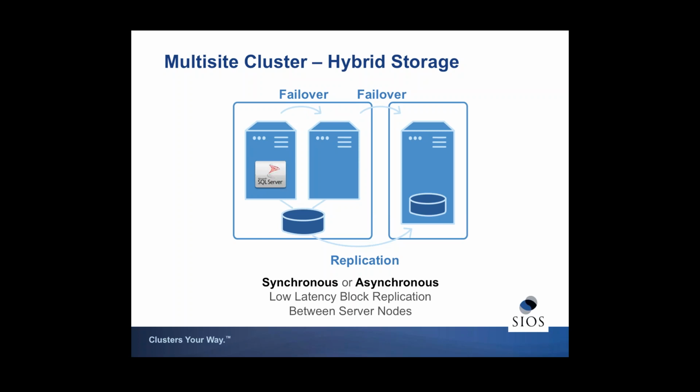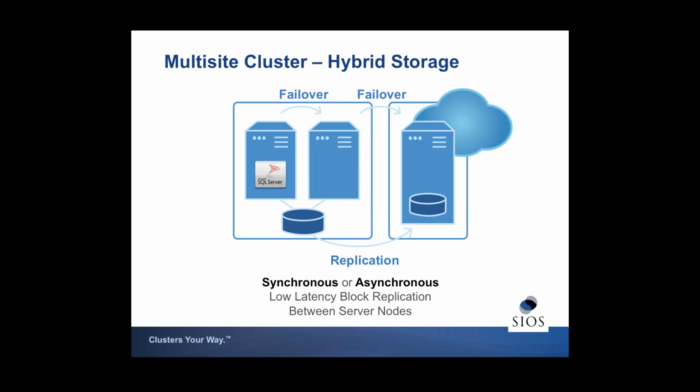So this is an excellent solution for both local HA as well as remote failover or disaster recovery. So GeoCluster is really the best of both worlds, HA and DR, in a single configuration here. So that might be where you have an existing cluster and you want to add a node at a different site. Again, these are all virtual machines here. Or you could even mix and match if you really wanted to.